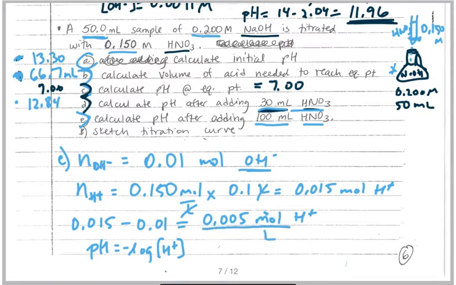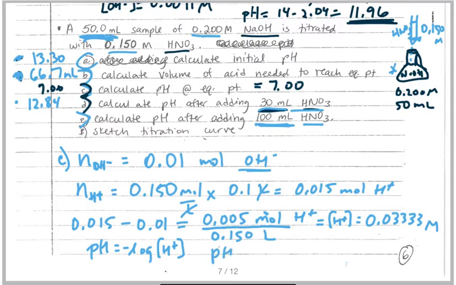So the total volume that we have at this point is the 50 milliliters of base plus the 100 milliliters of acid that we added. So that's 150 milliliters, or 0.150 liters. So the concentration of H plus is 0.005 divided by 0.15, or in other words, 0.0333, repeating, molar.